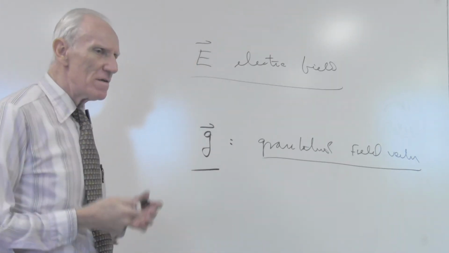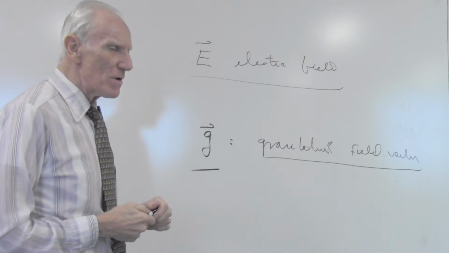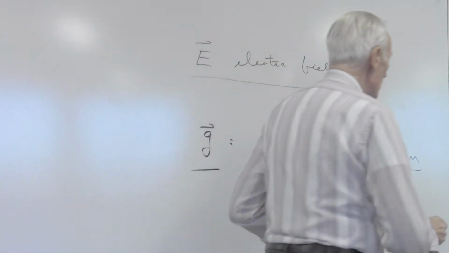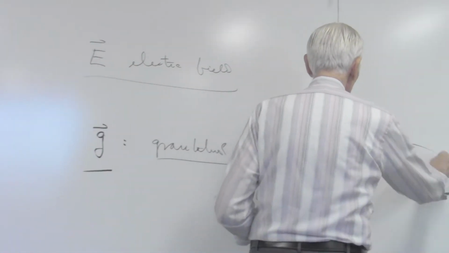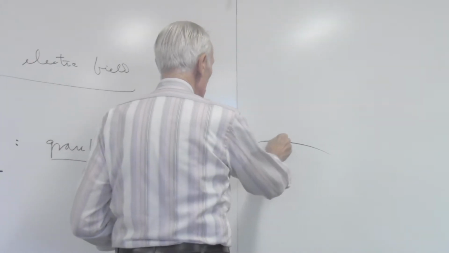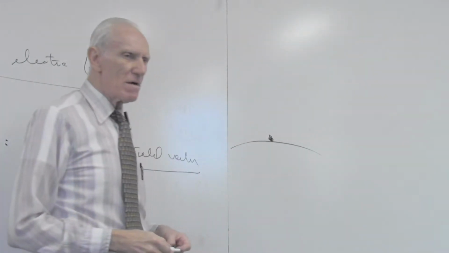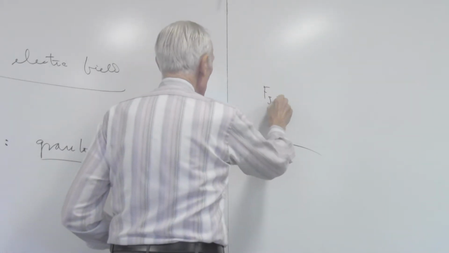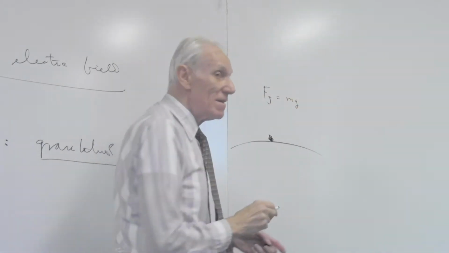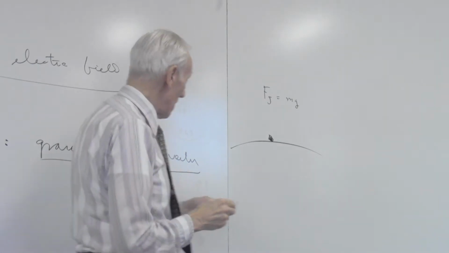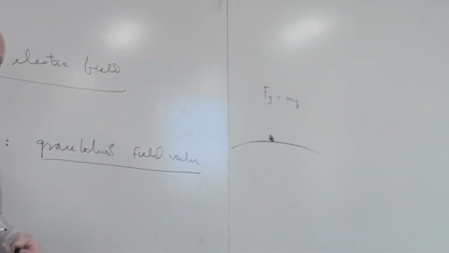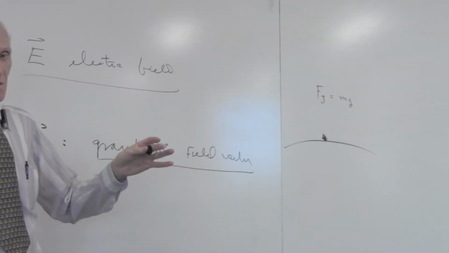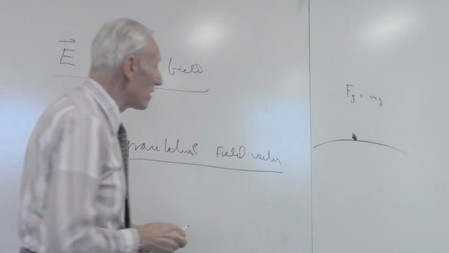And the question really is, and we should have asked this question last semester, if you have something on Earth and it's sitting on Earth, of course there's a force on it. It's called the force of gravity, and it's equal to m times g, where g is the gravitational field vector now, or the acceleration due to gravity, whichever way you want to look at it.